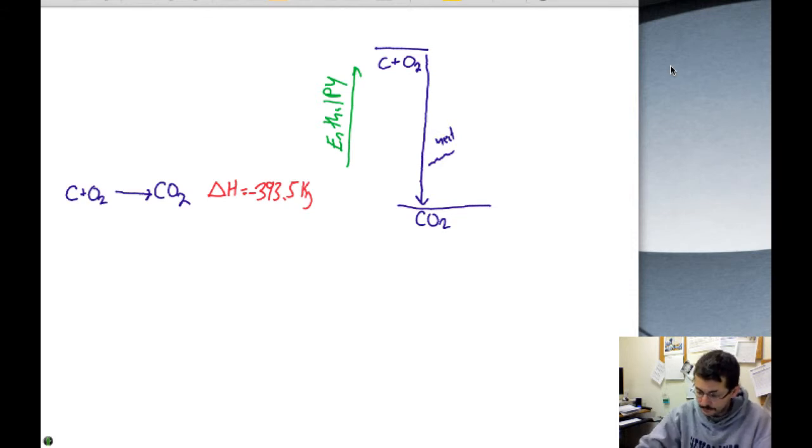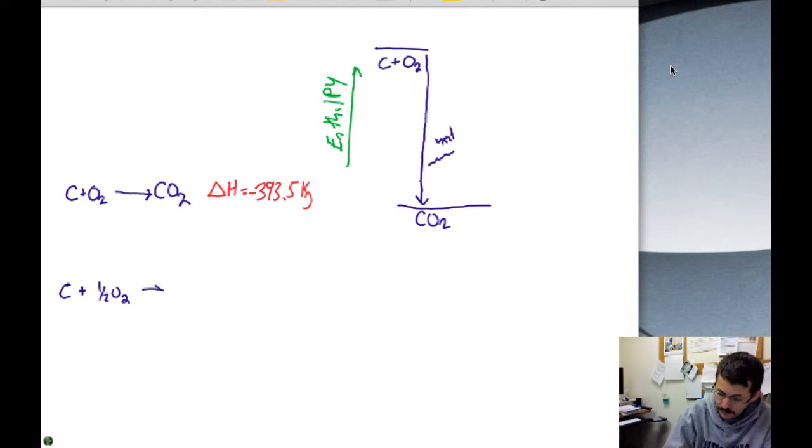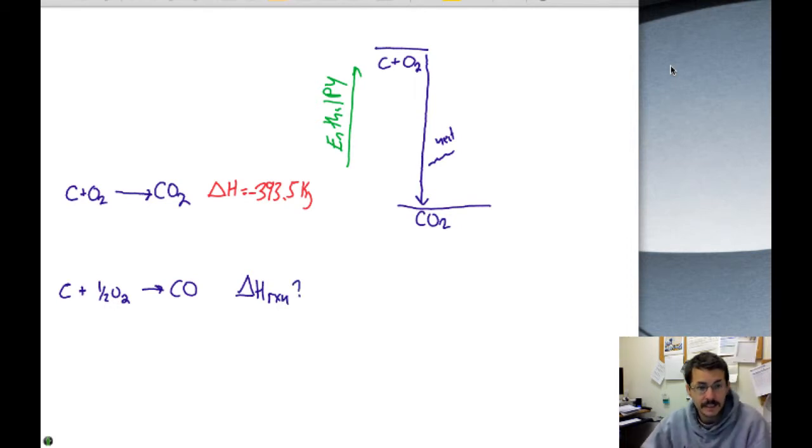Now, you can do another reaction. We were curious about carbon plus 1/2 O2 to produce CO. We wanted to know what that one's enthalpy was. That's the enthalpy of formation of carbon monoxide. But you can't go out and measure it.